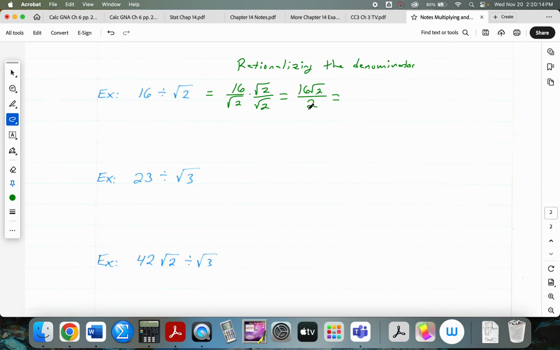Yeah. 2 goes into 16 8 times. So this is 8 square roots of 2. How do you get 2 on the bottom? What's the square root of 2 times the square root of 2? Oh, yeah. The square root of 2 times the square root of 2 is 2. So that's what we're making use of.